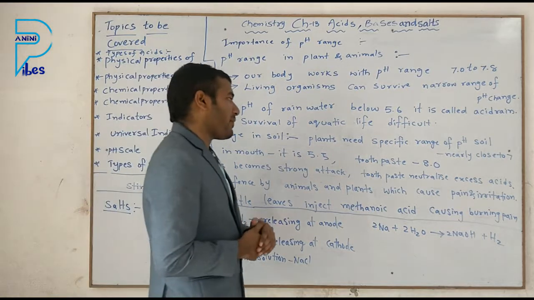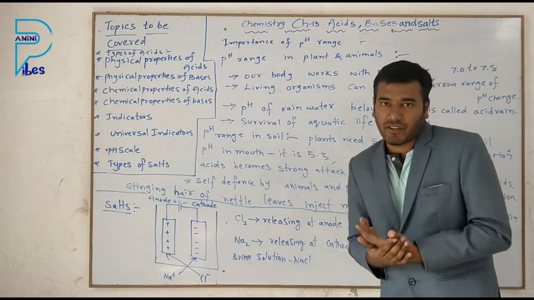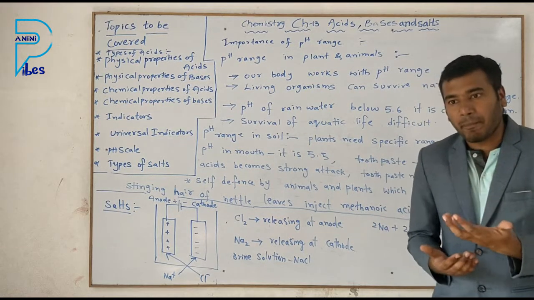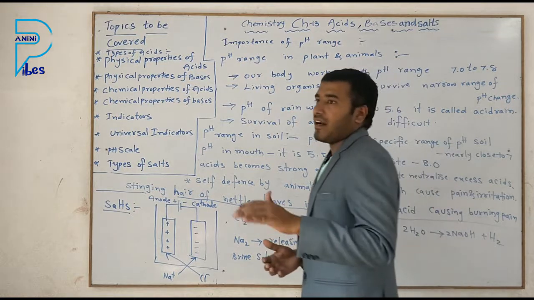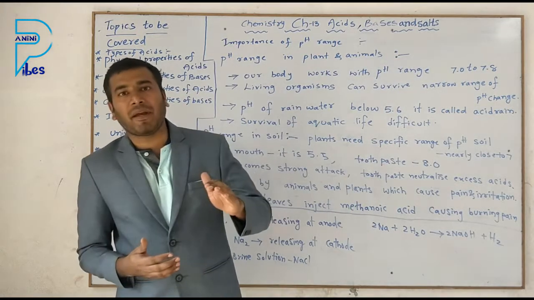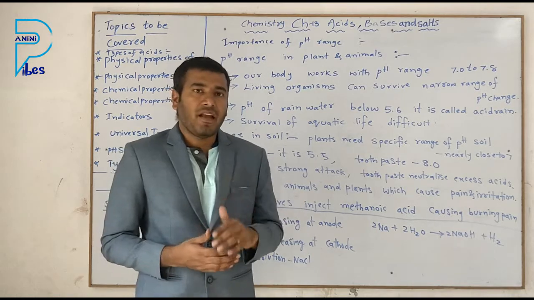Now pH range in soil. See, plants need a specific range of soil pH. If you want to grow the crops properly, a low range of acid is required, which should be equal to or very near to the neutral value, that is pH value 7.